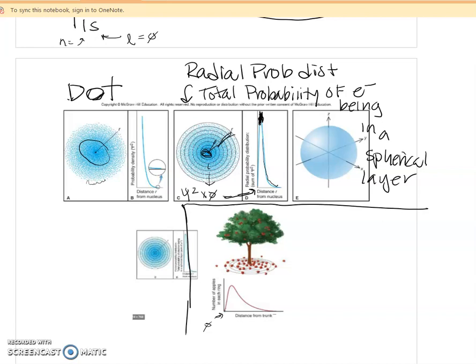Now the last type of plot is called a contour plot, and we're going to go over those more in the next module. But here, what we want to point out is that with the contour we see the shape. So this is a 1s orbital, and look, it looks like a ball or a sphere.